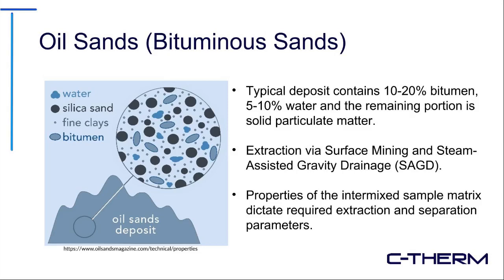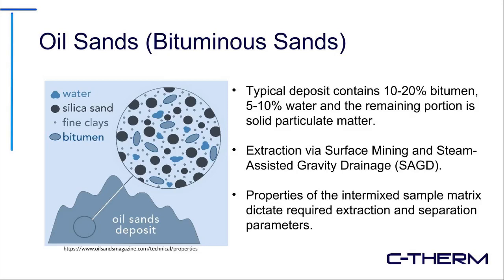For extraction of oil sands, where possible, you can use surface mining techniques to remove the top portion, the easily accessible material. But when you have to deal with material that's found very deep down, you can't easily extract it. Steam-assisted gravity drainage, or SAGD, is the method most prevalently used to obtain bitumen from oil sands.